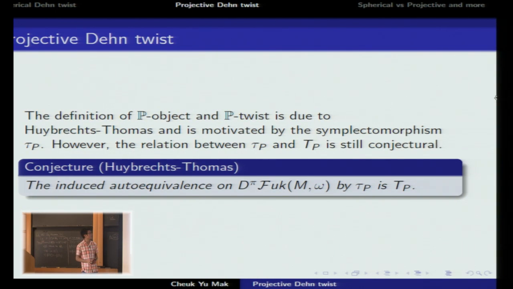The definition of P object and P twist are due to Huybrechts and Thomas, and motivated by the symplectomorphism, the twist along the Lagrangian projective space. What is still unknown is whether the induced autoequivalence on the derived Fukaya category by the Dehn twist along a projective space is the P twist.